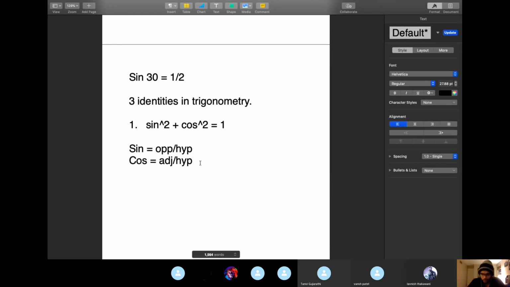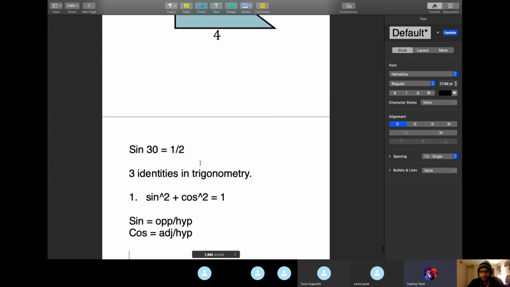Did any of you get some sort of a proof? Tanmay, very good. Can you turn on your mic and tell us how you got it? Sir, I used sine and cos of the above triangle.